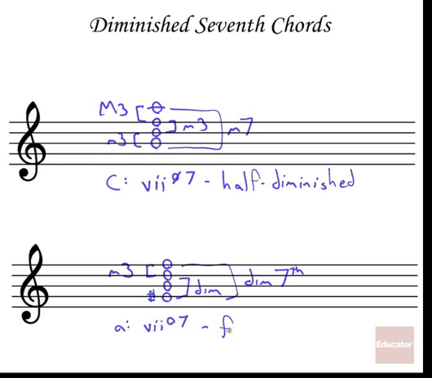And this is called a fully diminished 7th. So of course the difference between the half diminished and the fully diminished is the size of the 7th, whereas up here it's a minor 7th, and down here the diminished 7th is fully diminished.